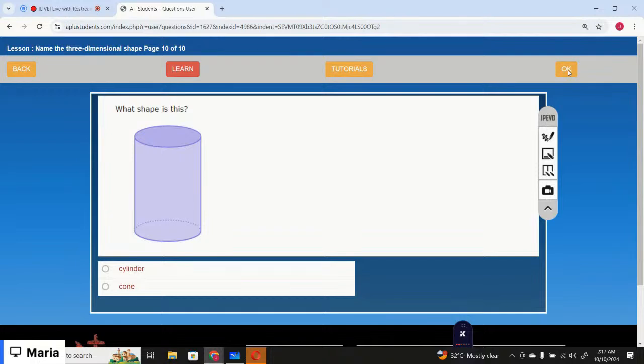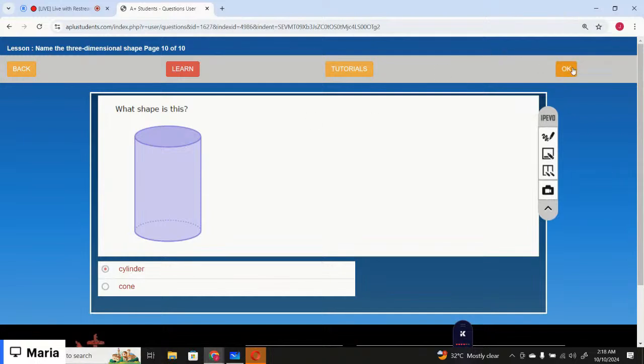Is it cylinder or cone? Yes, cylinder it is. The correct option is cylinder.